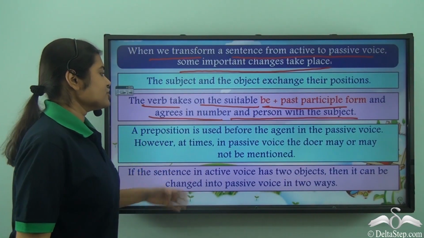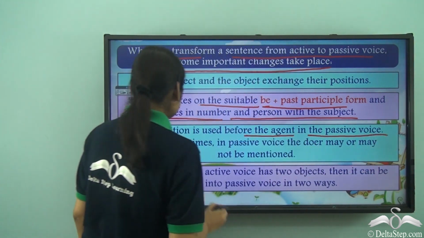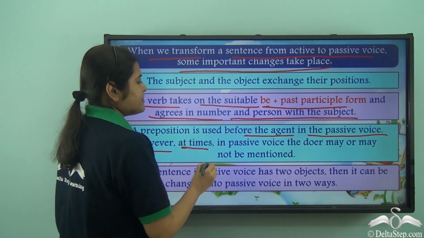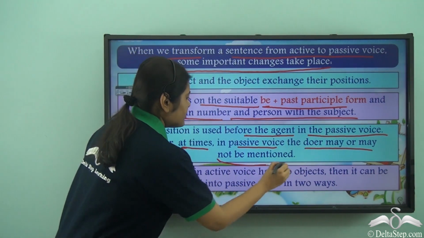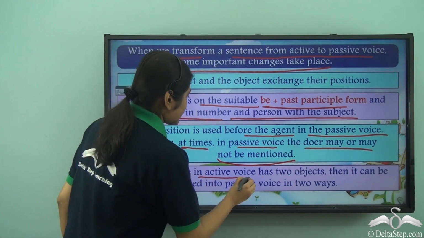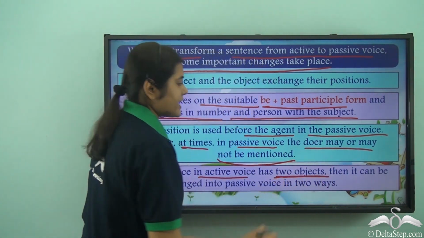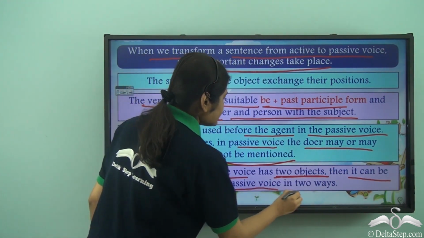Also, a preposition is used before the agent or doer in the passive voice.